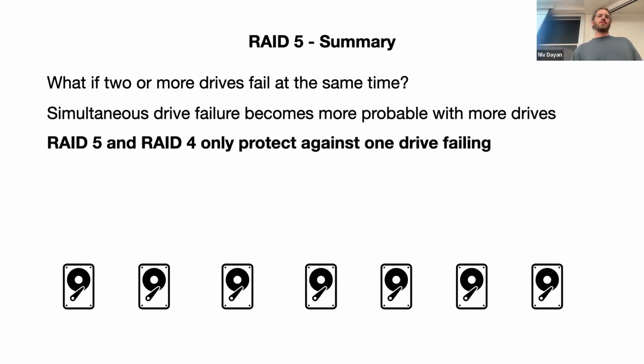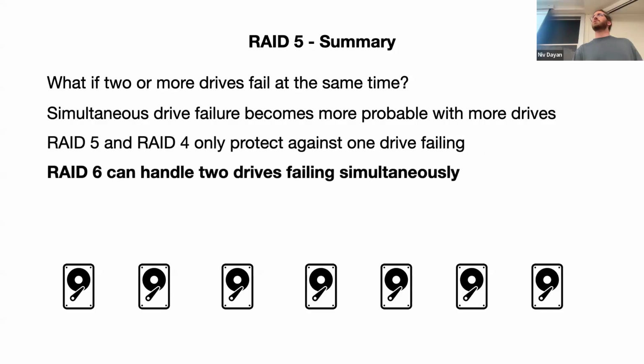So in practice, you probably want to have multiple parity drives, which helps you against multiple failures. There's a nice theory about how many parity drives you need to recover from different numbers of drives failing simultaneously, which we're not covering here.